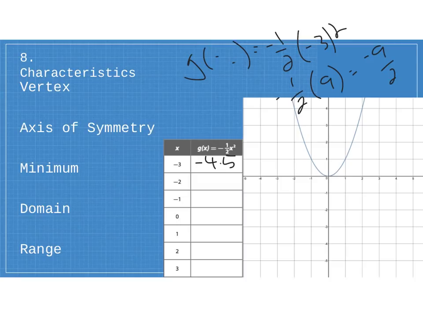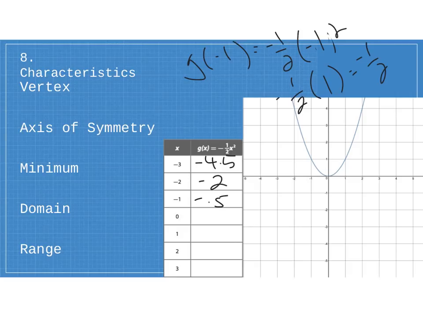And then substituting a -2 in. -2 squared is 4. 4 times -1/2 is a -2 this time. Then this time we have a -1 that we're going to substitute in. -1 squared is 1. -1/2 times 1 is a -1/2, or -0.5.